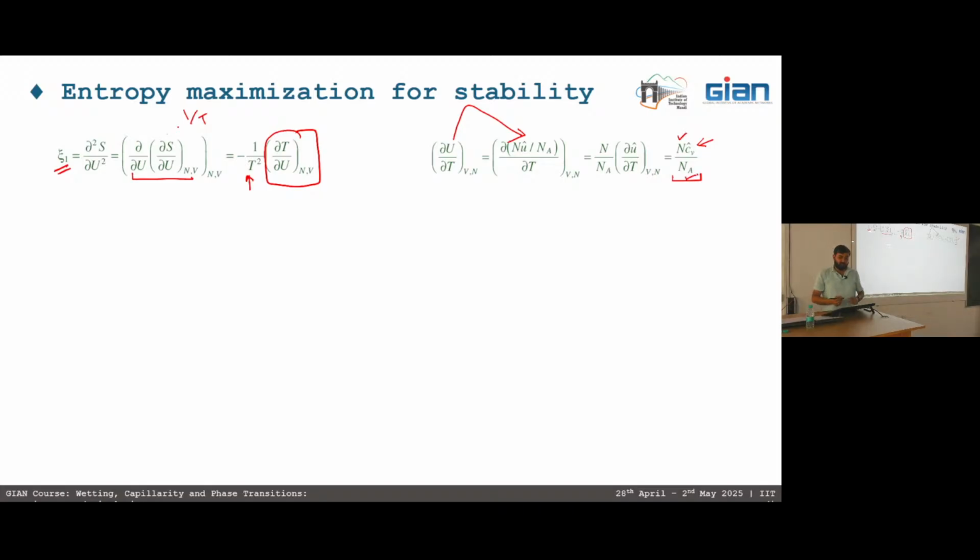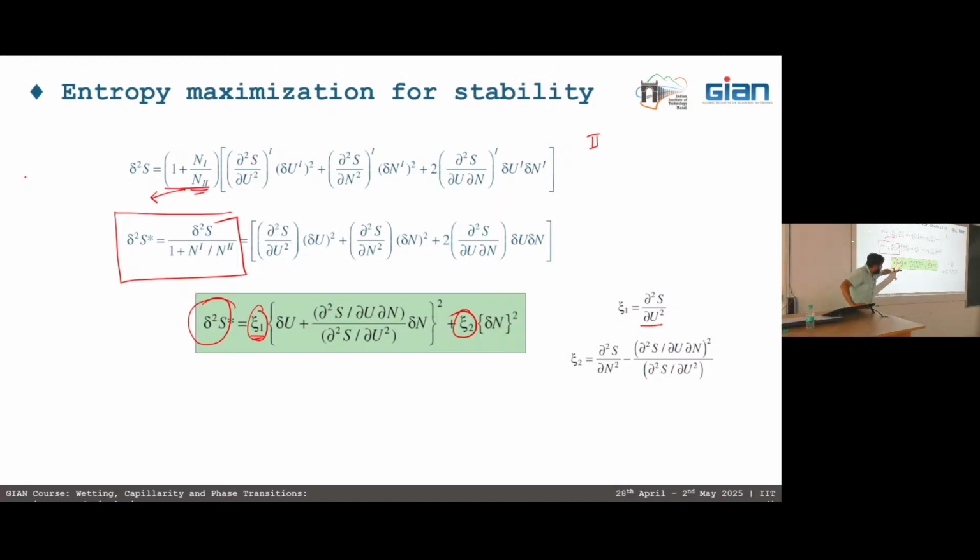It means that psi 1 would be a negative quantity. So the first thing is fulfilled: psi 1 is a negative quantity. Now we have to see if psi 2 is negative or positive. If it's negative, it's good. If it's positive, then we have to see which two terms are dominating.